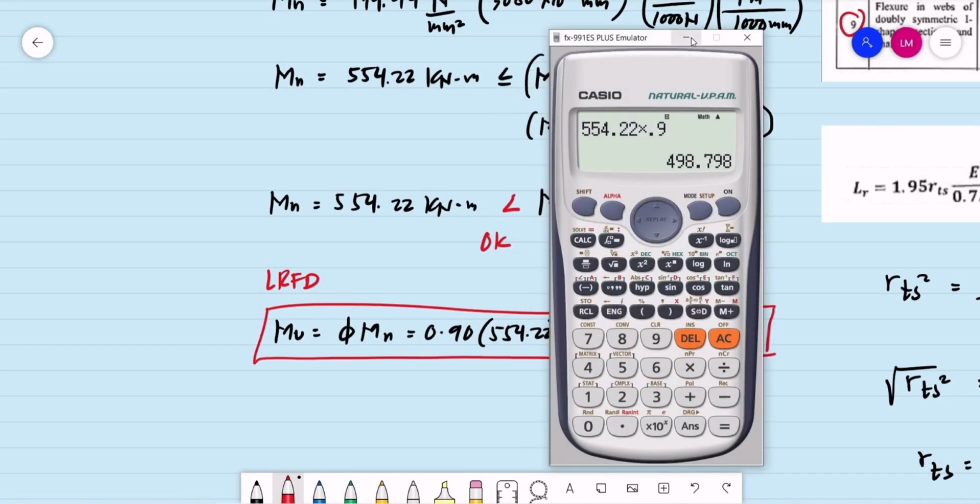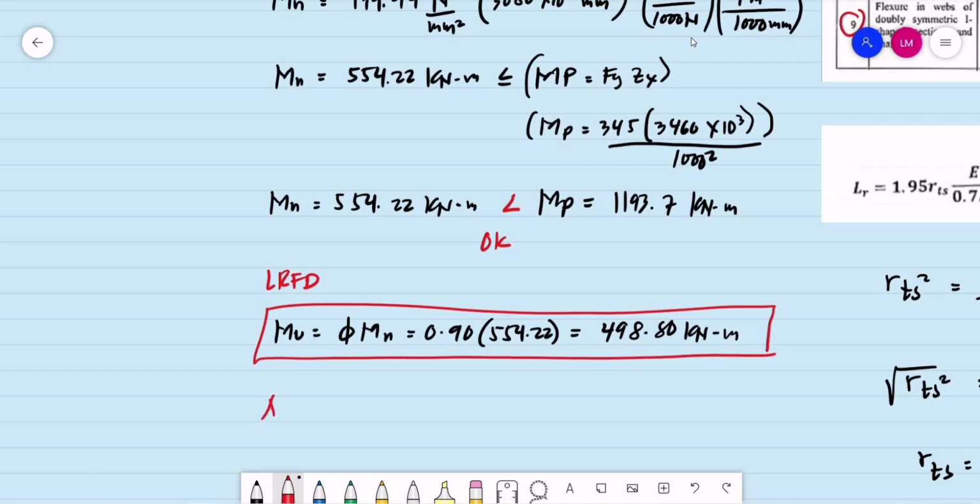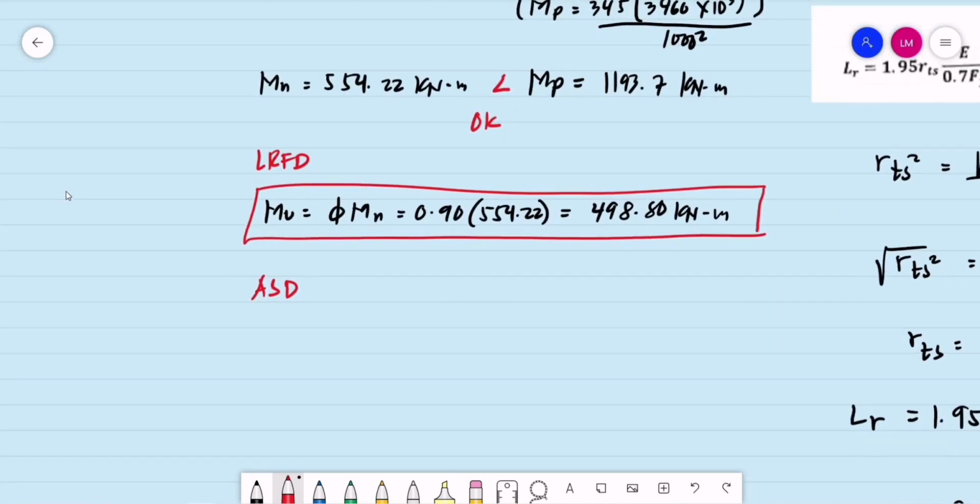Then for the ASD, the allowable flexural strength is the nominal moment M sub n divided by the factor of safety.